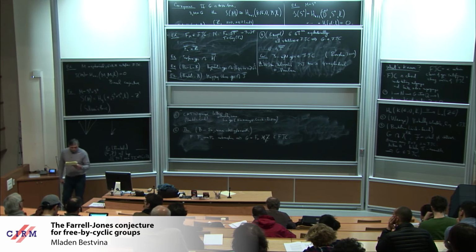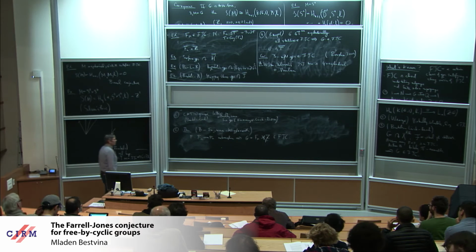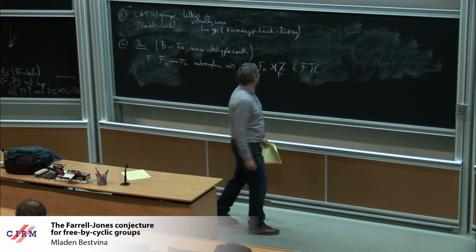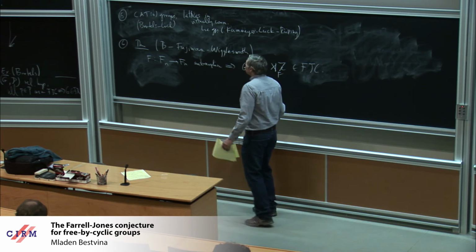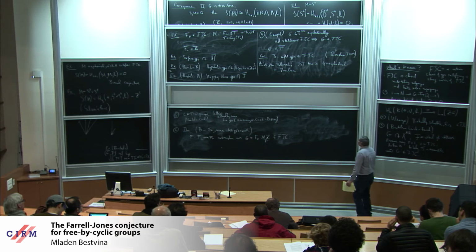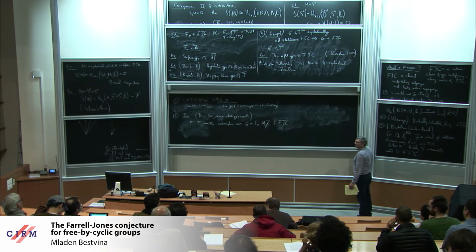Should I give an outline of the proof, or should I tell you what finite F amenability means? What do you think? I could try to do both, but I think I'll run out of time on the second one. Okay, quick outline, and then I don't mind running out of time on the definition. You can look that up yourself.